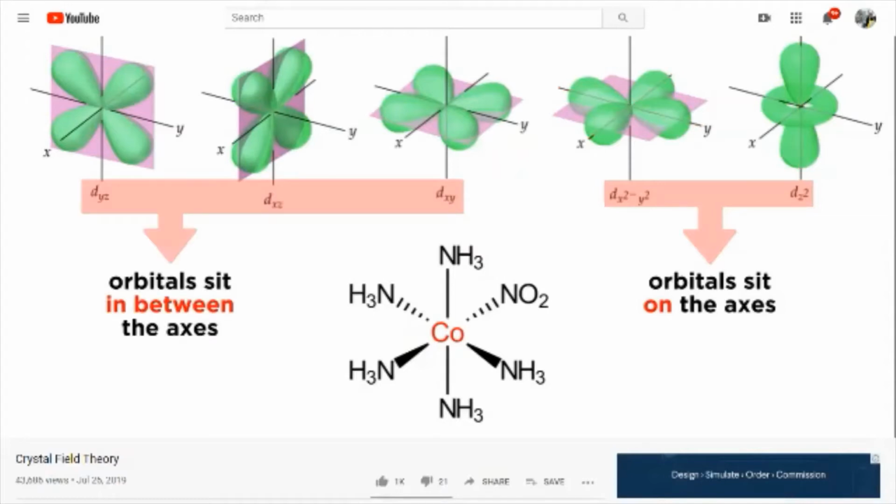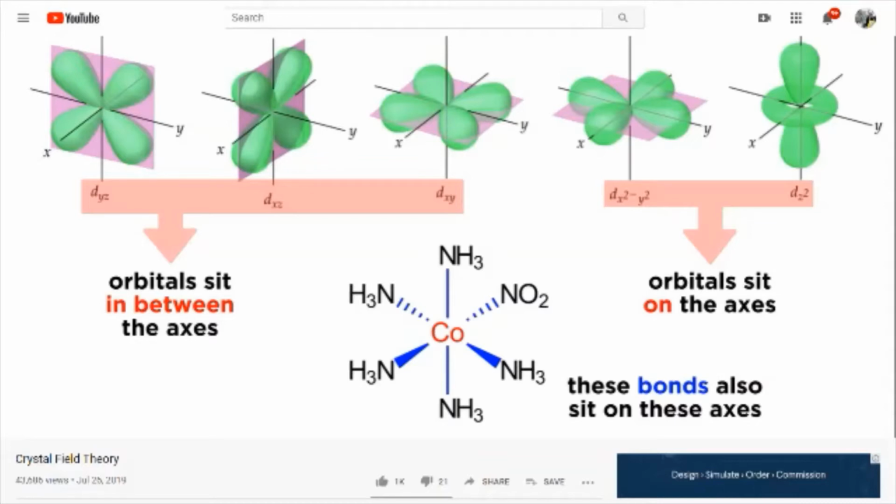Whereas the other three orbitals have lobes that sit in between the axes. Looking at the octahedral complex, the bonds to the ligands also sit on these axes, which means that in order for ligands to approach the metal atom, their point charges must repel the electron density in these two orbitals.